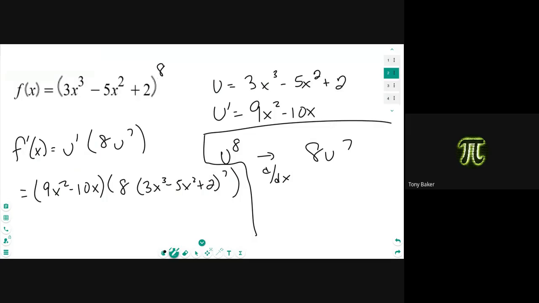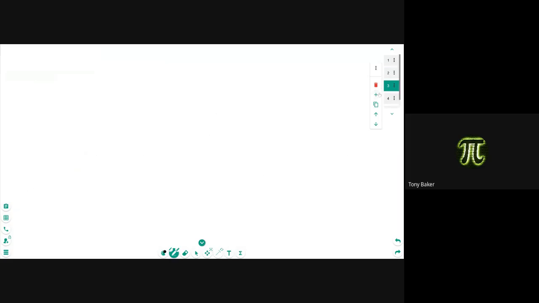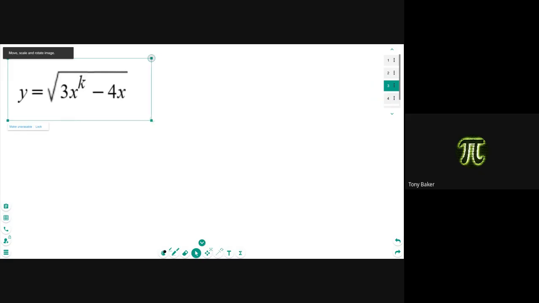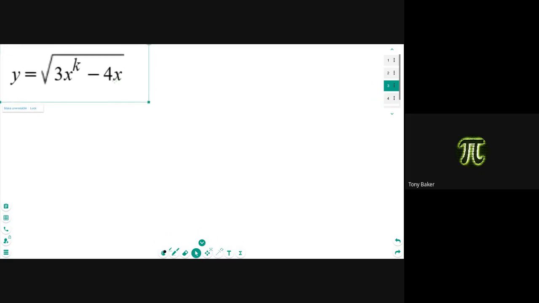Okay. Look at one a little more complicated. I really like using these letters. I'm going to leave the letter in there this time because K is just a constant.